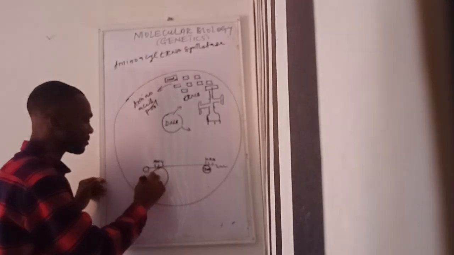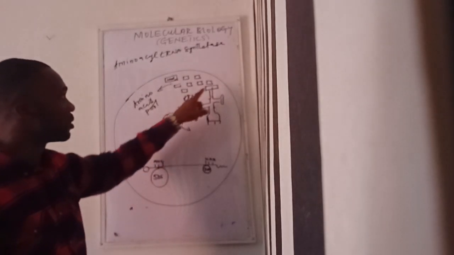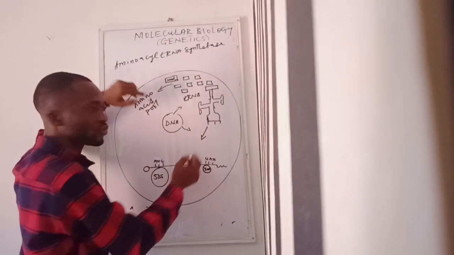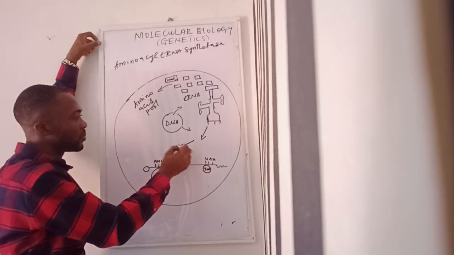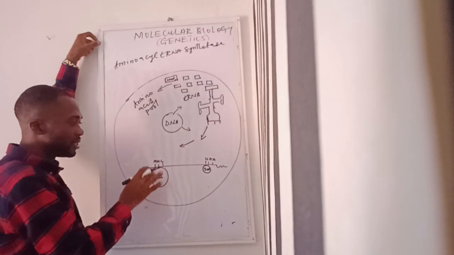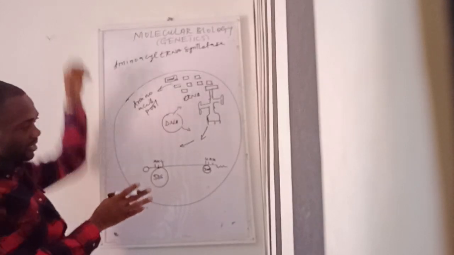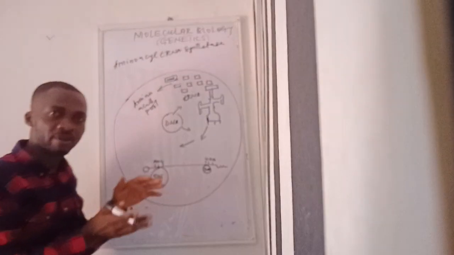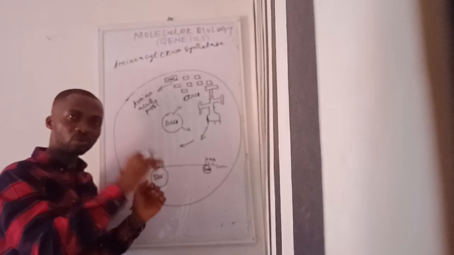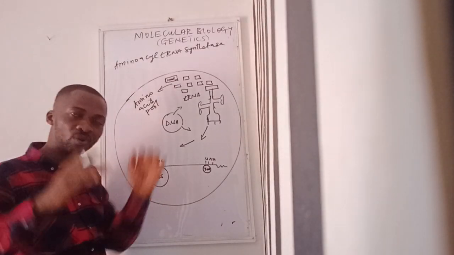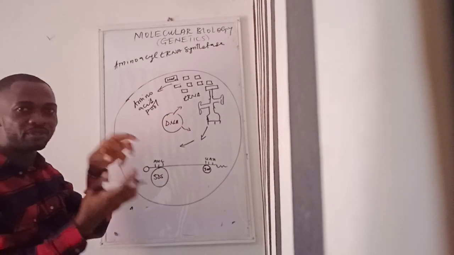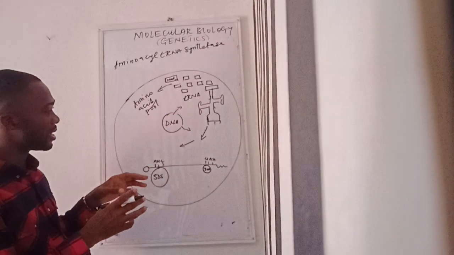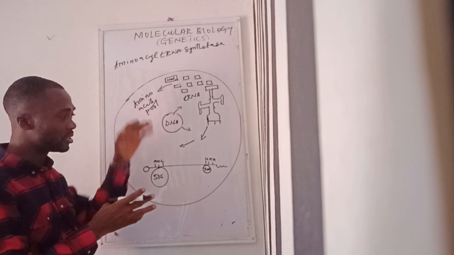Let me repeat what I said before. Once the methionine is picked, the transfer RNA travels from the amino acid pool to the messenger RNA in such a way that there is complementary base pairing between the codon of the messenger RNA and the anticodon of the transfer RNA, resulting in the formation of a bond between the two.